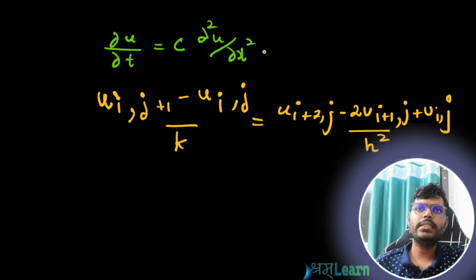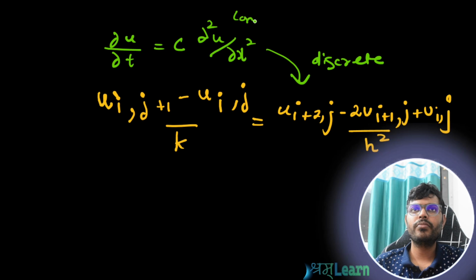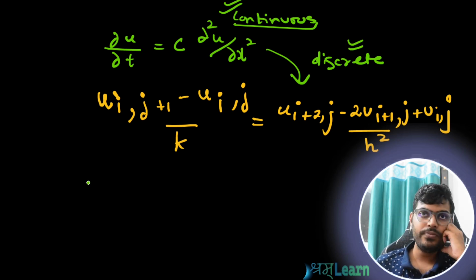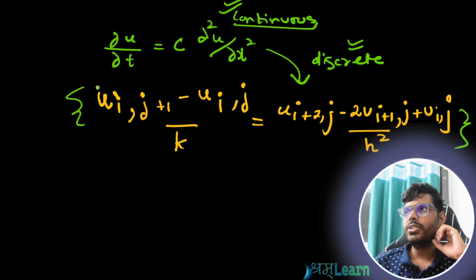This thing is in the discrete form, this. Okay, this is the continuous form. And this is the discrete form. So how do we go and code this?